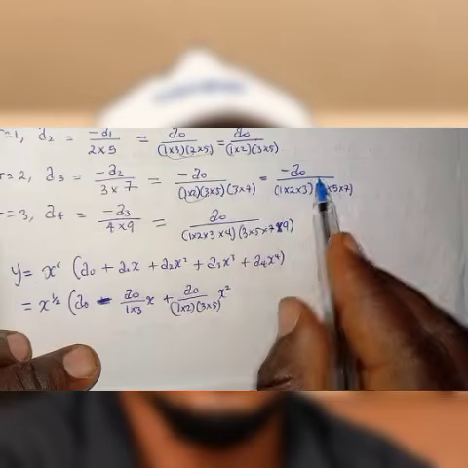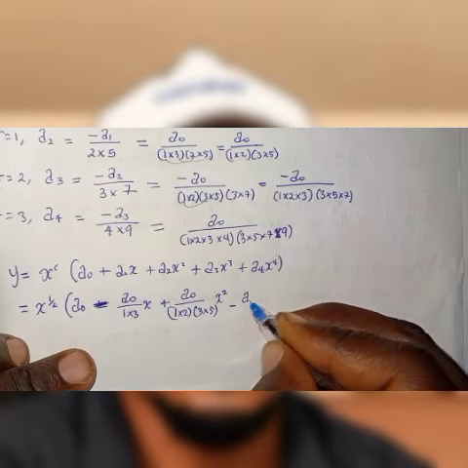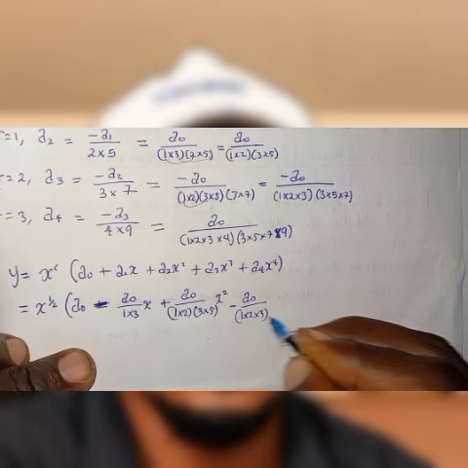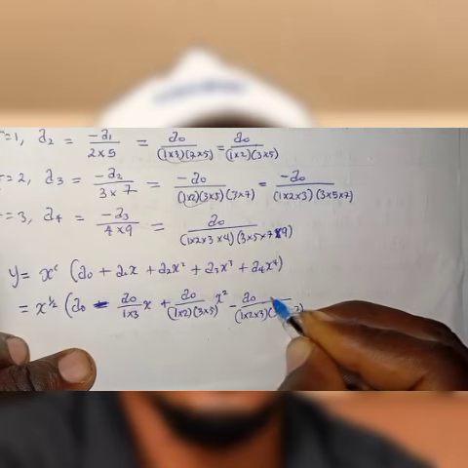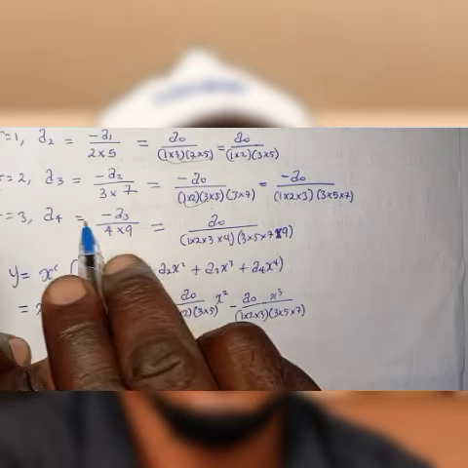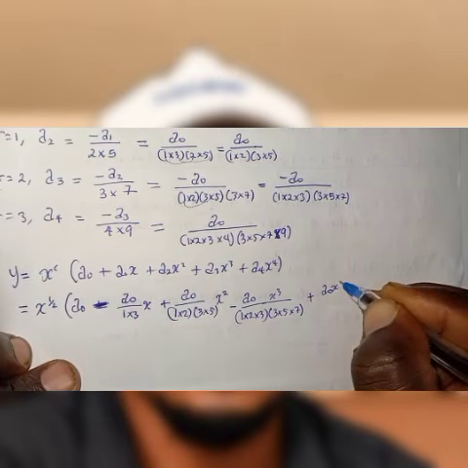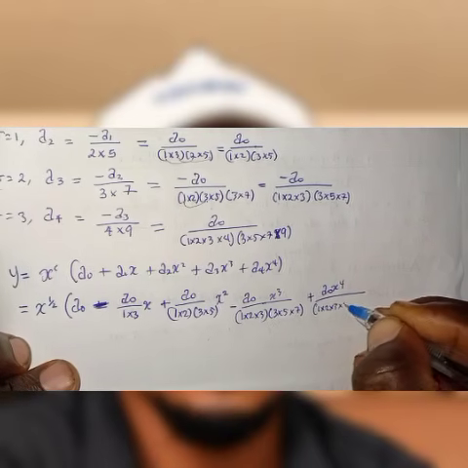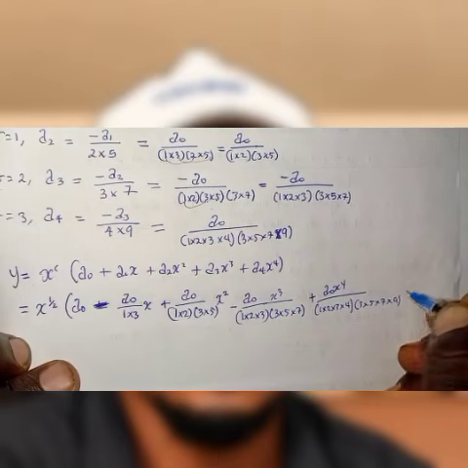Now what is a3? a3 is negative, so we have minus a naught over 1 times 2 times 3, 3 times 5 times 7 x to the power 3. Now a4, this is a4 and it's positive, so you have plus a naught x to the power 4 over 1 times 2 times 3 times 4, 3 times 5 times 7 times 9.